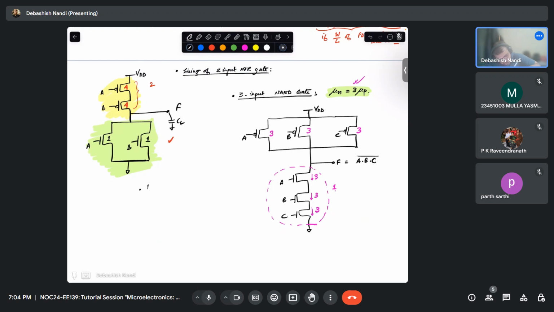So identify PDN, size overall 1, make sure to identify worst case resistance to size each element in the path.